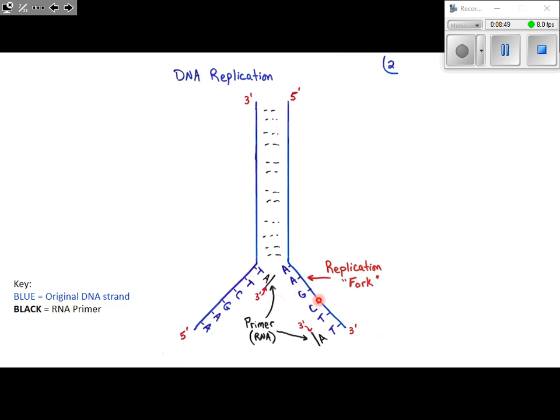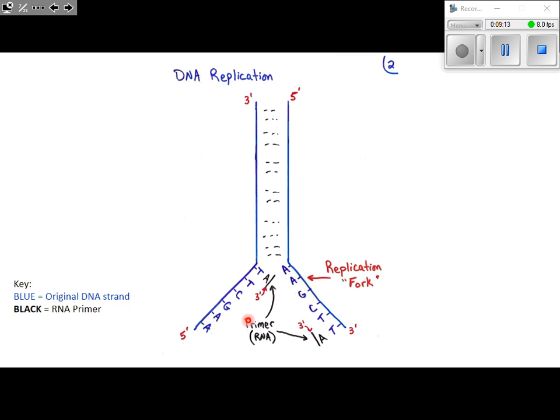We've unzipped just the bottom of the DNA. And now we've got a single strand that is no longer connected to this single strand. Those two single strands are being held apart by single-stranded binding proteins that we don't see in the picture because I don't have the artistic talent to try to draw all of the enzymes.